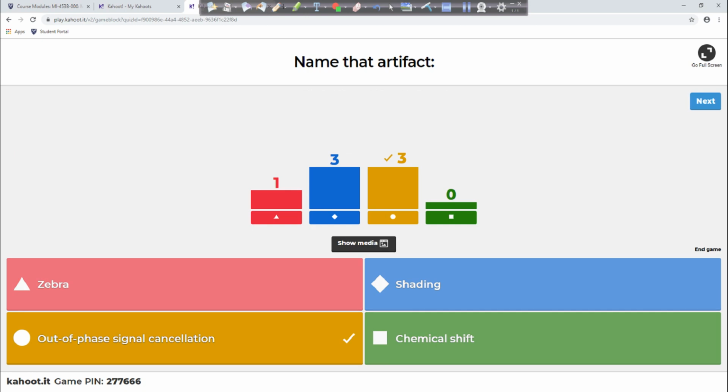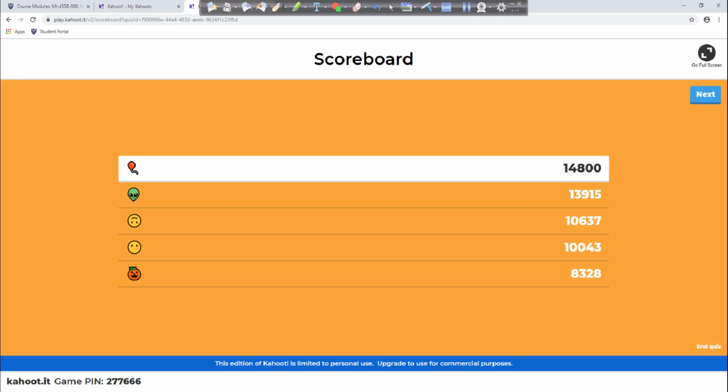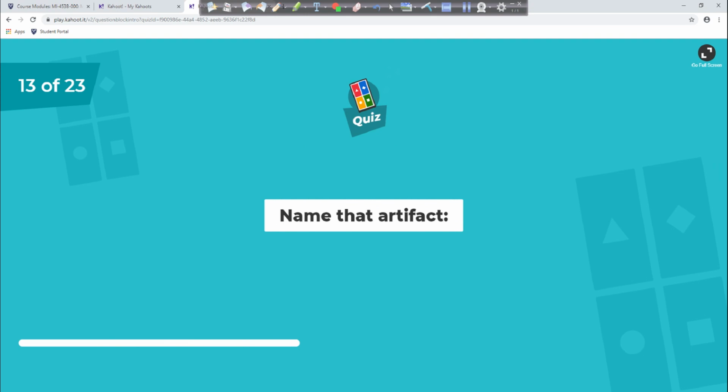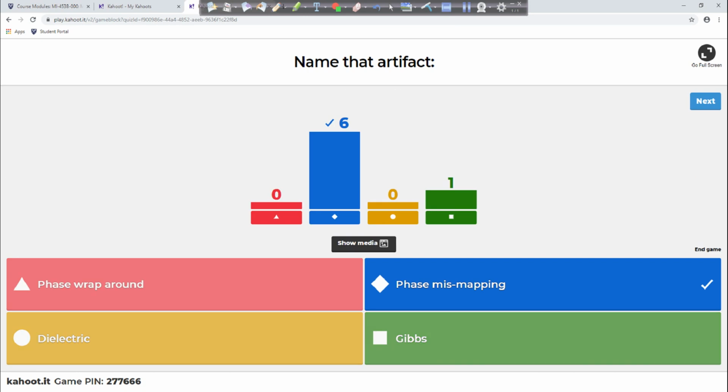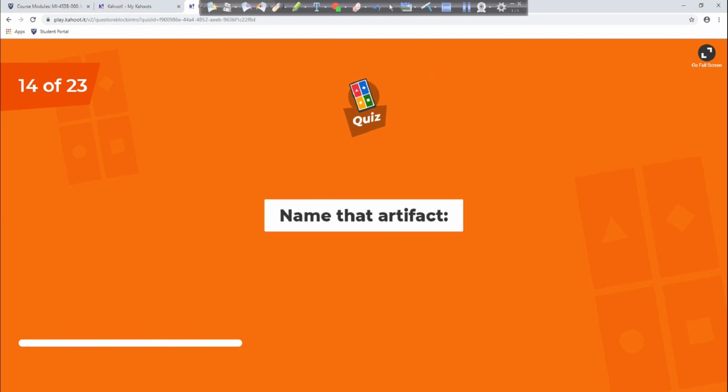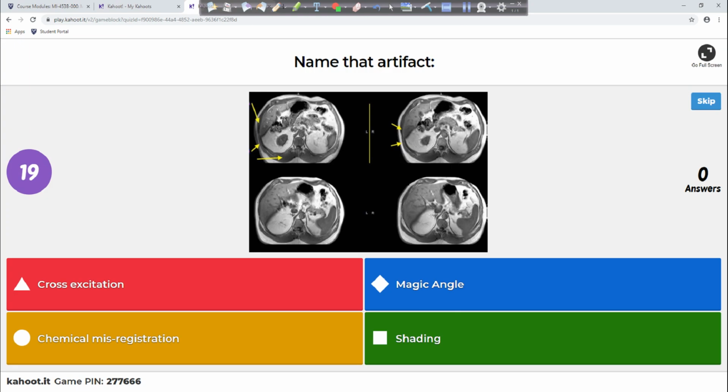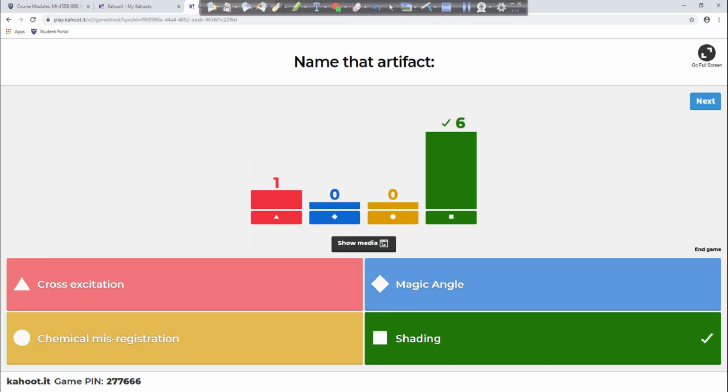Out of phase, and this registration is also called out of phase. Well, I kind of lied because it was multiple slices on that one, but you got the point.